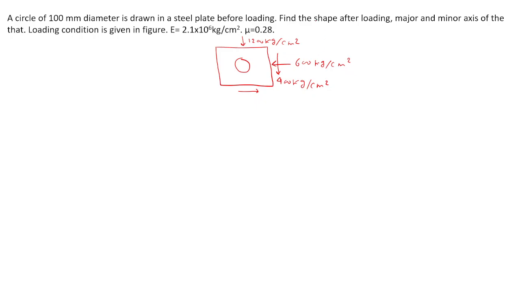What would be the shape? Let me know first. Sir, oval type. It would be an ellipse. If the circle is this, when you apply load in this direction and this direction, it will try to stretch in this direction. The direction is not defined, but it will become something like this.